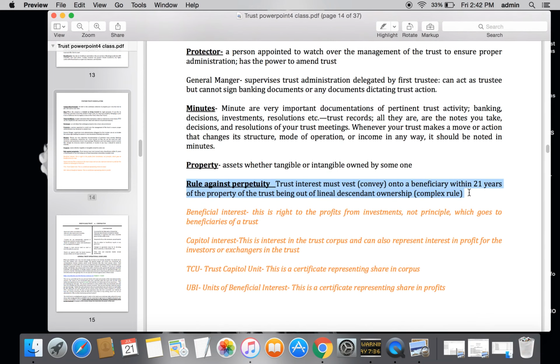Rule against perpetuity. This is a really complex rule to read, so I have simplified it as much as possible here. I would encourage you to look at the rule against perpetuities. You can just Google it, rule against perpetuity, and it will come up on Wikipedia, like so.